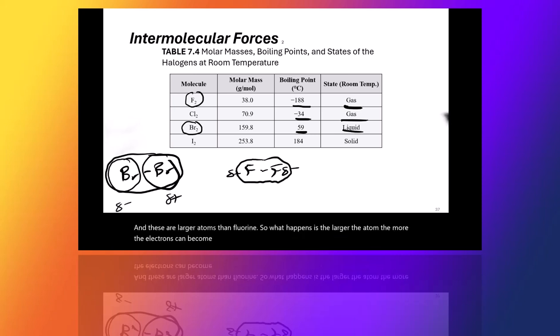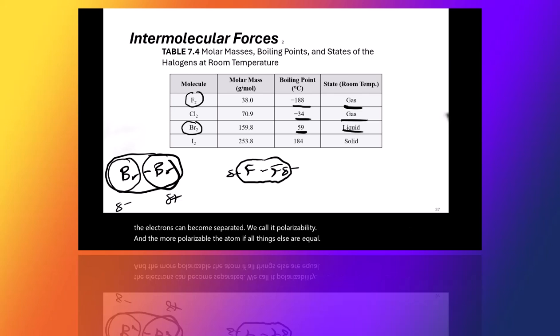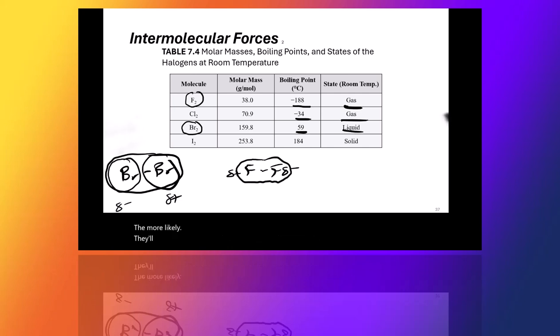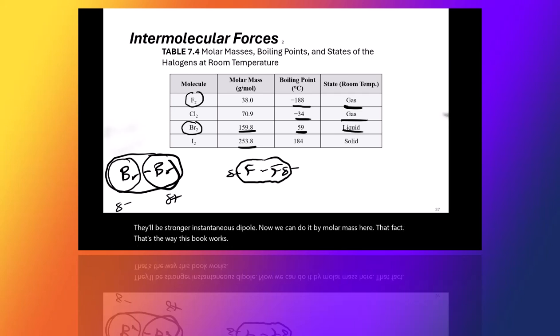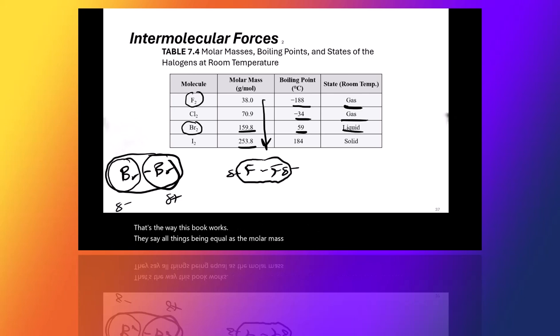We call it polarizability. And the more polarizable the atom, if all things else are equal, the more likely there'll be a stronger instantaneous dipole. Now, we can do it by molar mass here. In fact, that's the way this book works. They say all things being equal, as the molar mass increases, so does the boiling point. And that'll work for you.